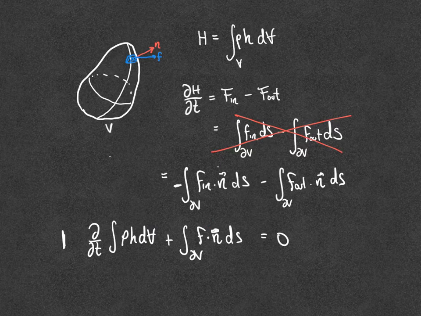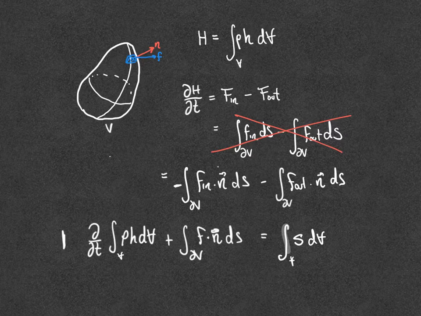Maybe you're already answering behind your screens, you say, okay, maybe I need a sink or a source to make things interesting. So we will just put a source, let's call it S, a volumetric source. This is V and this was also V in here. So, ladies and gentlemen, we have our integral equation describing the evolution of the quantity H within this control volume.